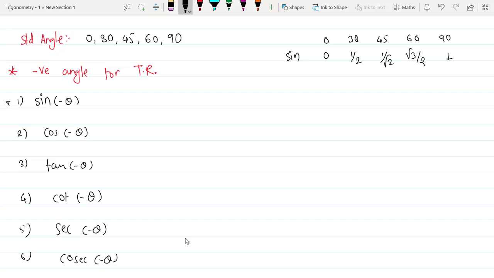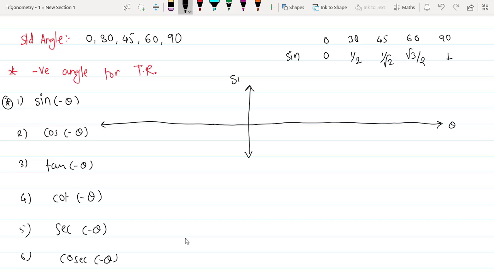Now if I plot sine theta, what happens? See here, I am giving you the picture of sine theta. Sine is nothing but a function of theta. As theta varies, it gives me different values. So here we have theta and here we have sine.